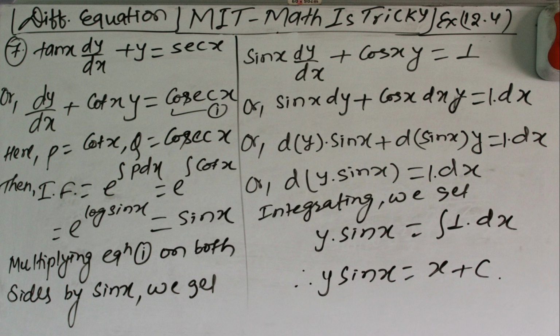So the left hand side is the derivative of y into sin x, and on the right hand side we get 1 into dx. Integrating both sides, we get y into sin x equals x plus c, that is sin x into y equals x plus c. That is our answer for question number 7.